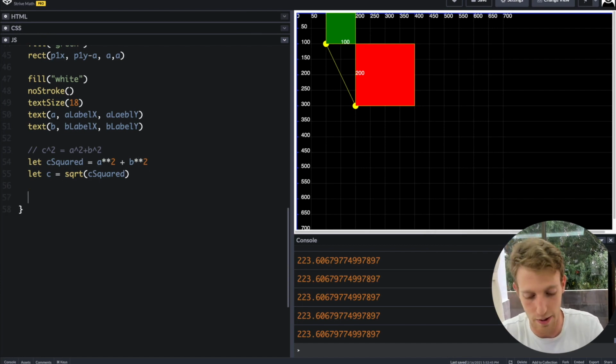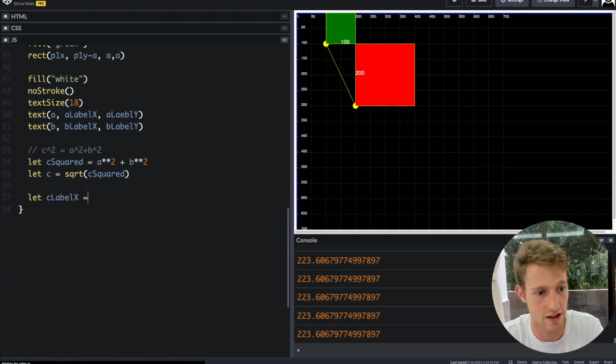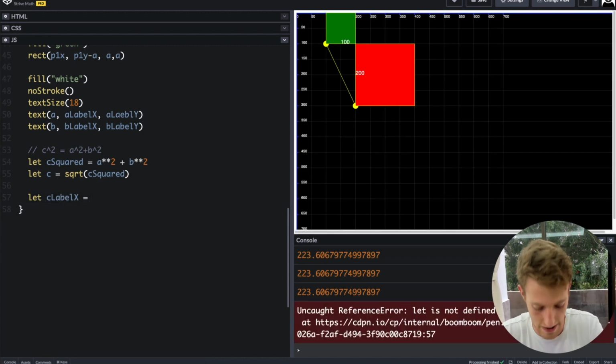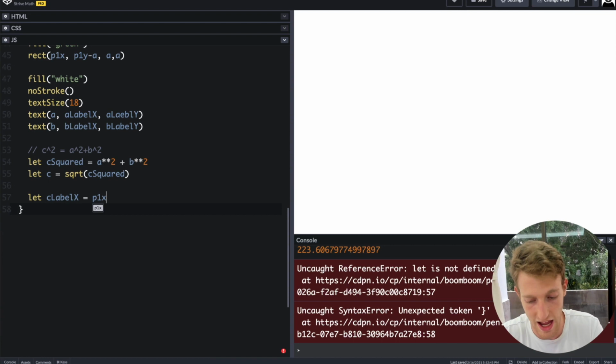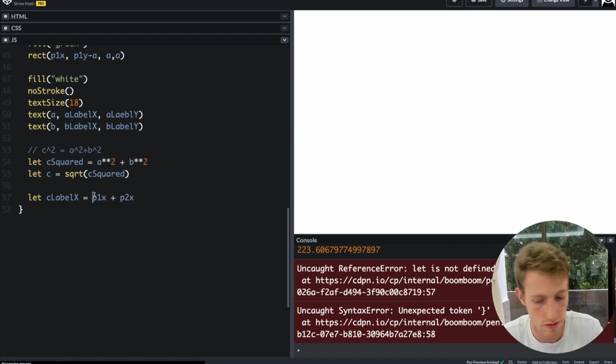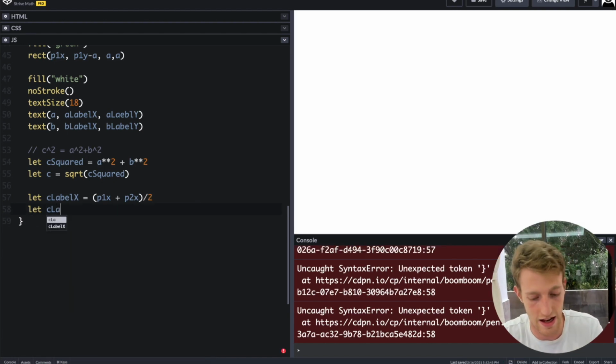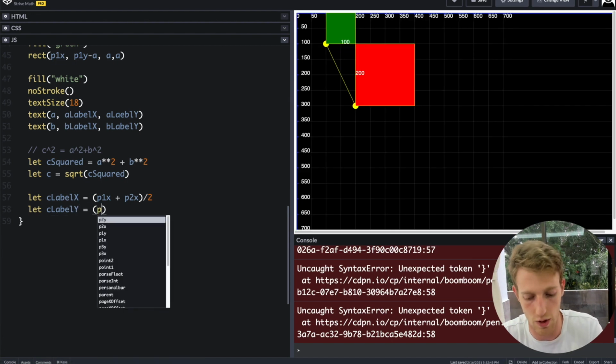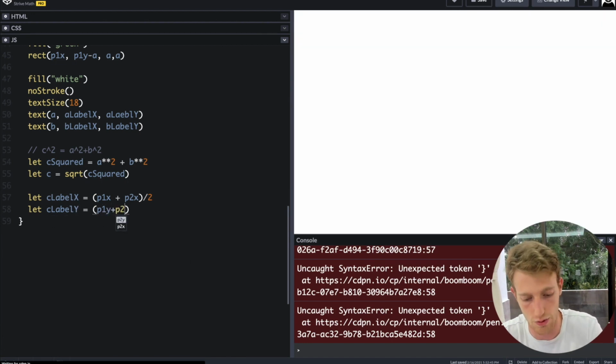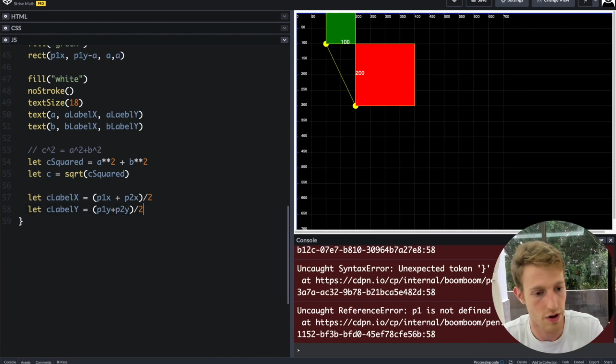So let's create that. We're going to say let c label x is equal to p1x plus p2x over 2. And let c label y is equal to p1y plus p2y over 2.